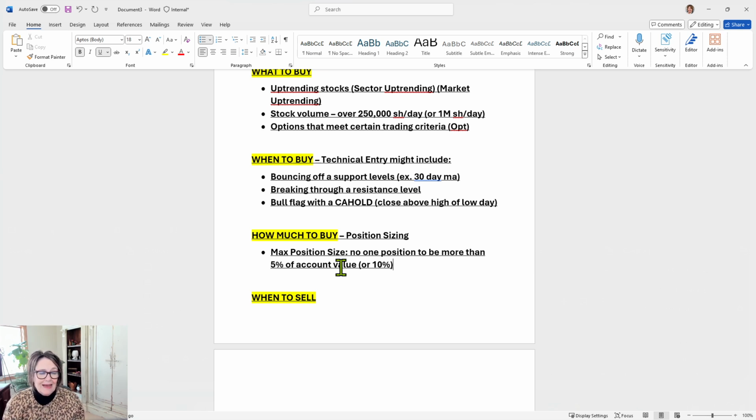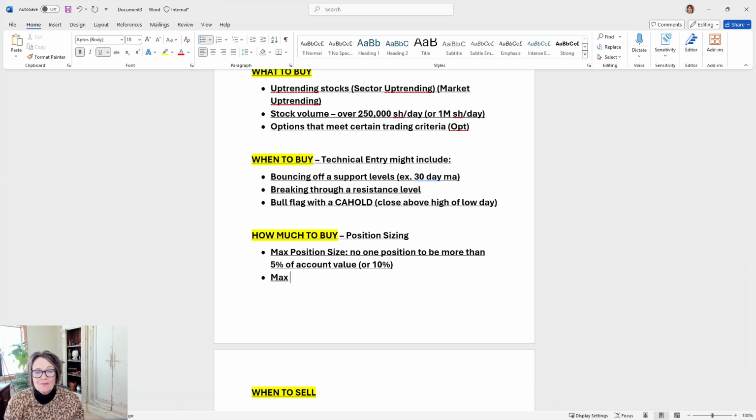We have a $1 million pretend account that we're looking at today, so our max position size is 5% of the account value, or 50,000. If you had a $100,000 account with that 5% rule, you couldn't buy stocks totaling more than 5,000 worth.